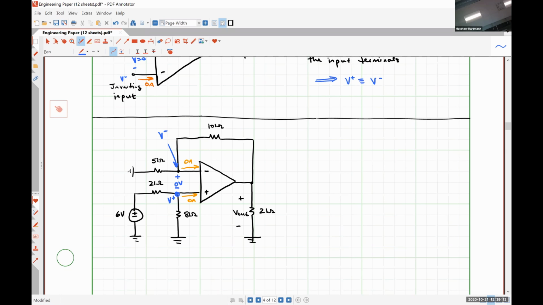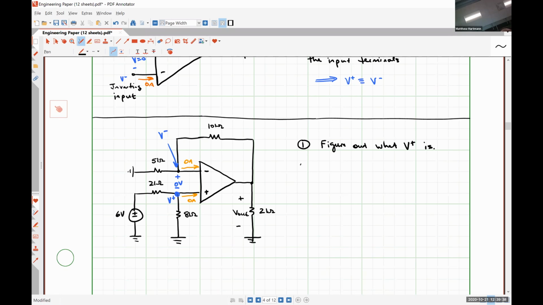So our general process for finding the output voltage is going to be really 2 steps. Our first step is 99.9% of the time going to be figure out what the voltage V plus is.